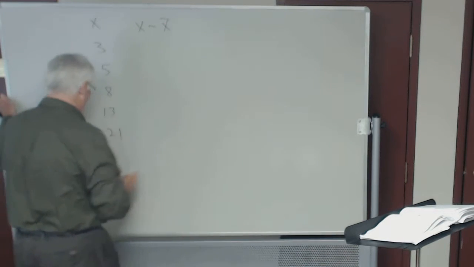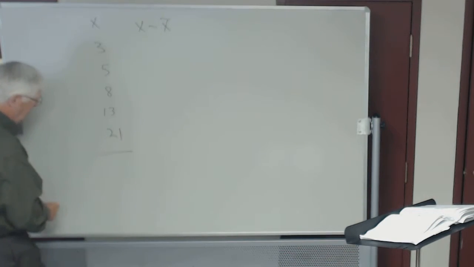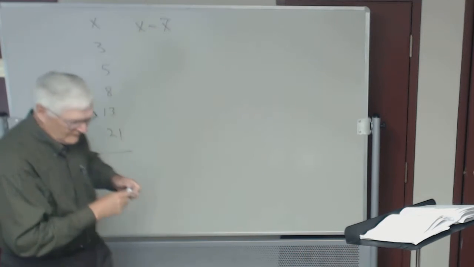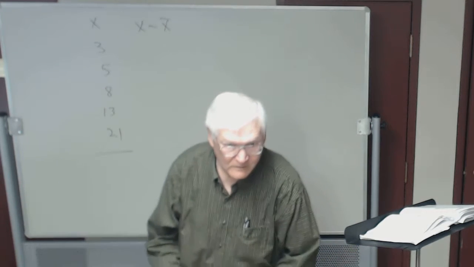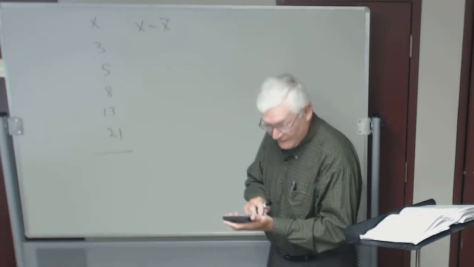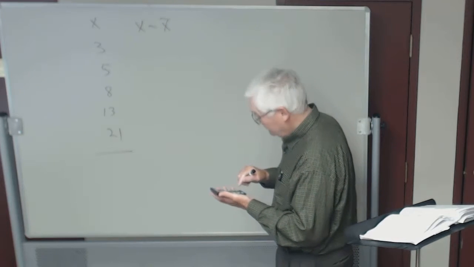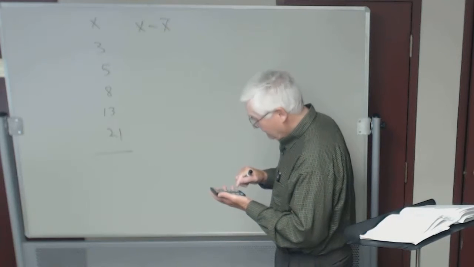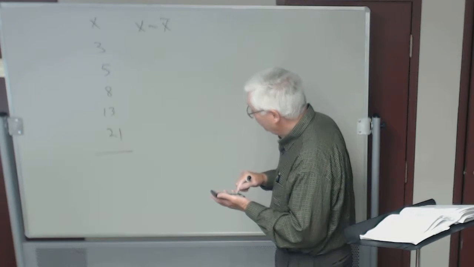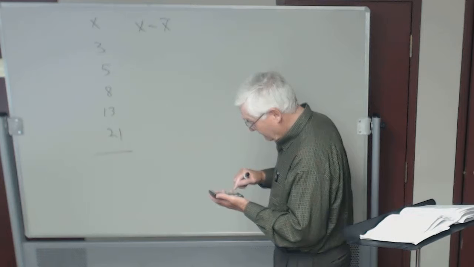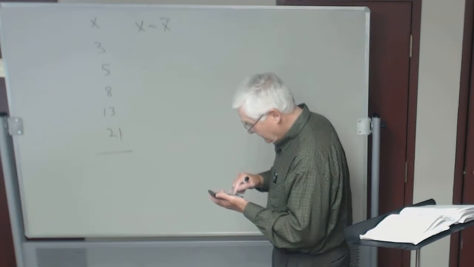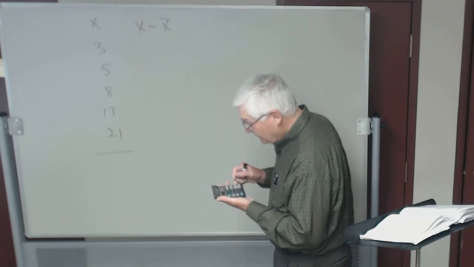X minus the mean. How do I find the mean for this? You know how to find the mean? The average. 3 plus 5 plus 8 plus 13 plus 21 equals 50.